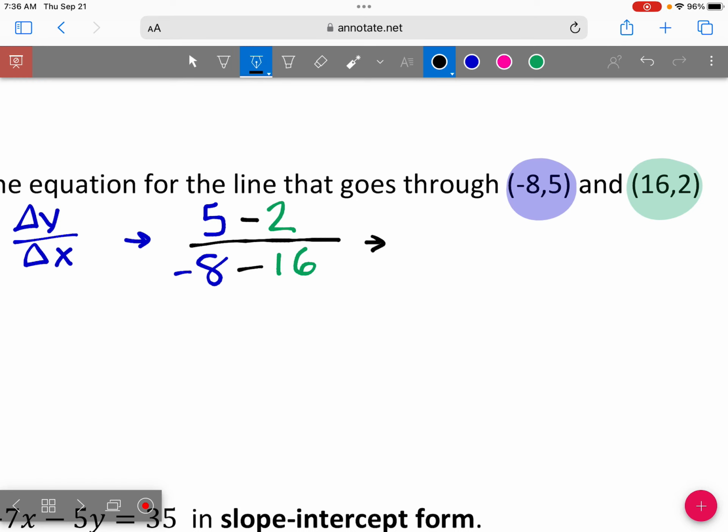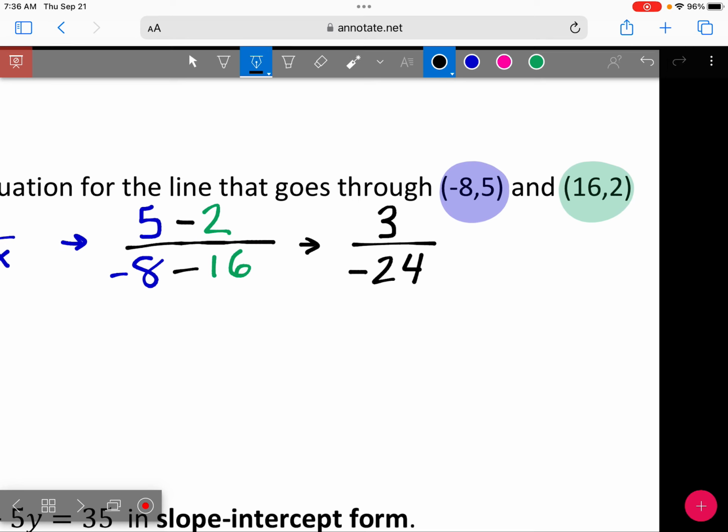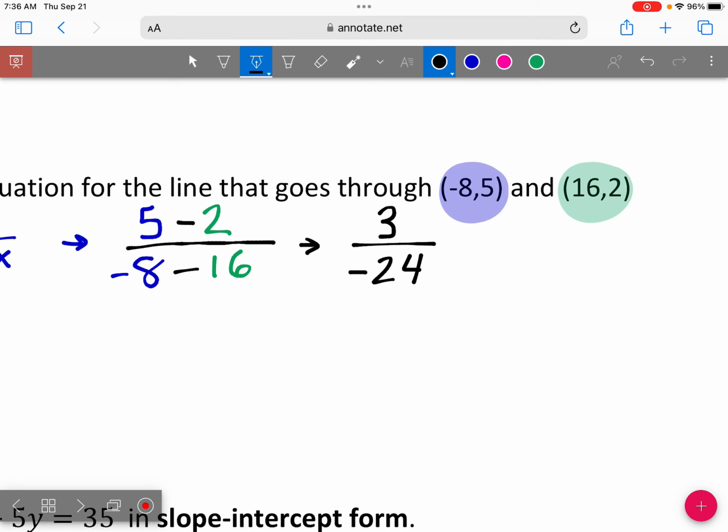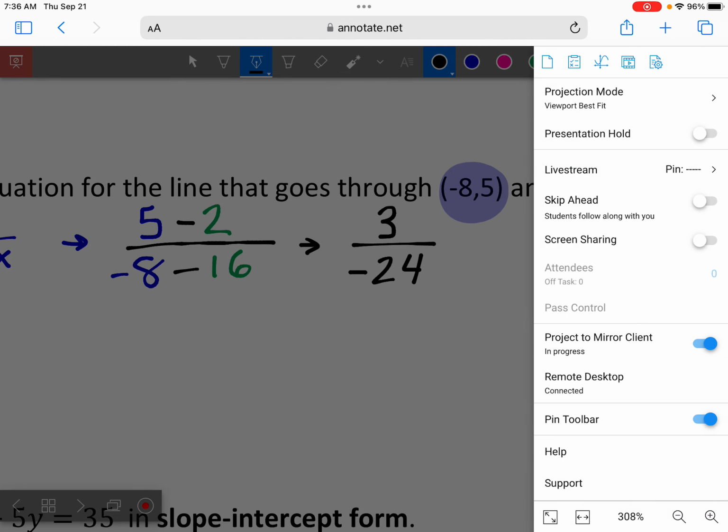That's going to give me 5 minus 2 gives me 3. On the bottom, I have -24, which is gross, but it's a thing. And we want to look and see if that can simplify, because it's really kind of gross as it is.